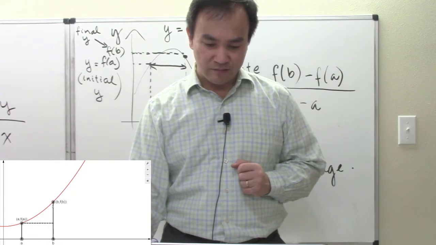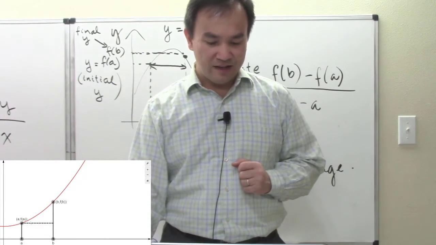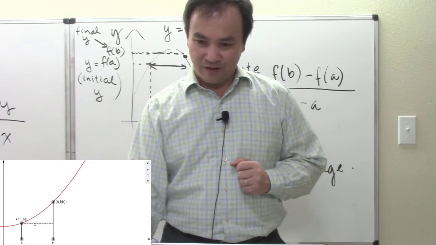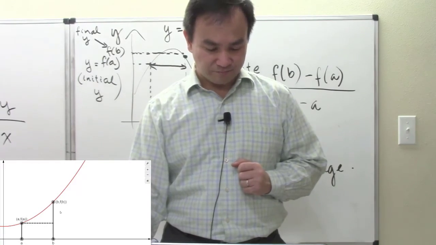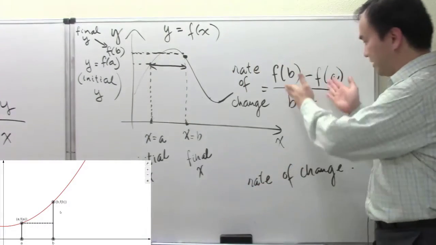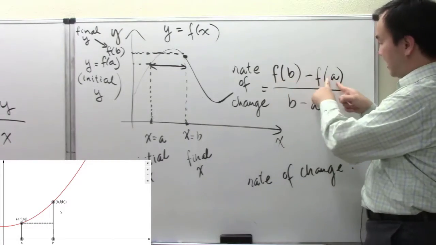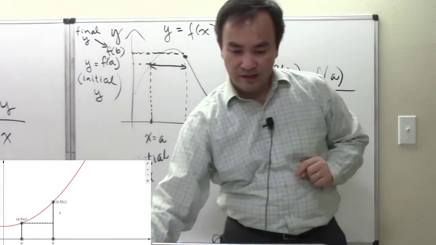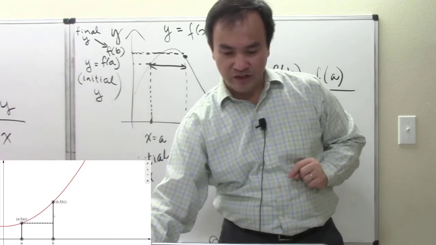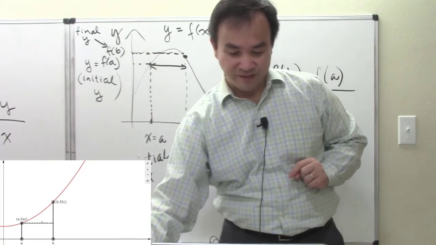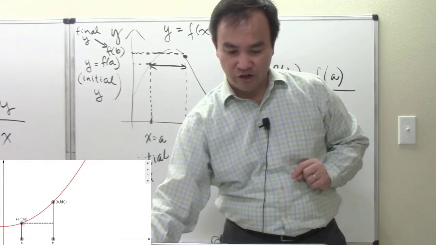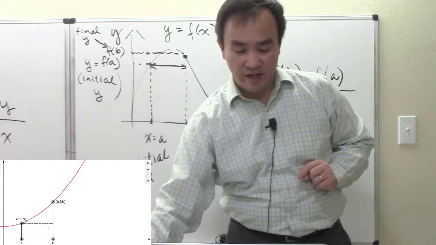And this is my delta x. Just like that, the rate of change is delta y over delta x, f of b minus f of a, giving how much precise change, over how much change in the x-axis interval.